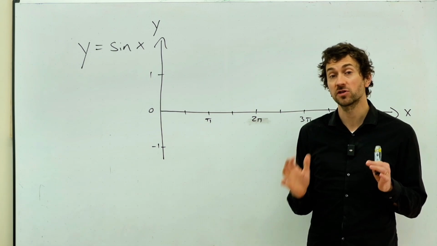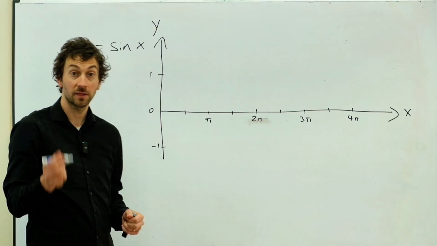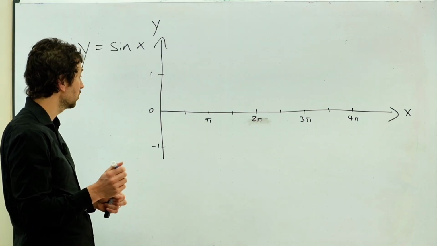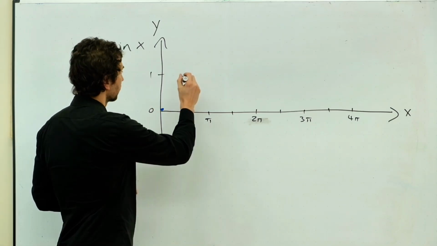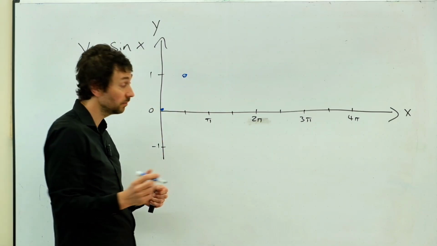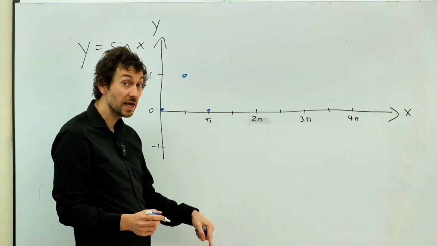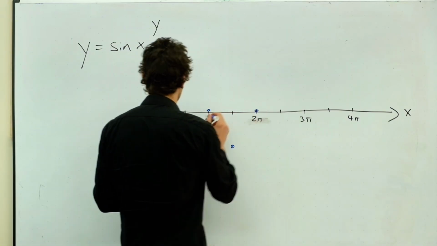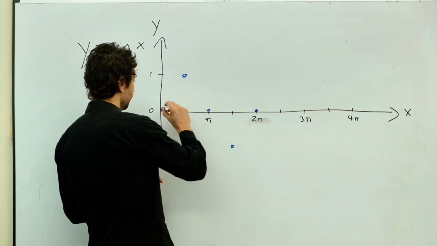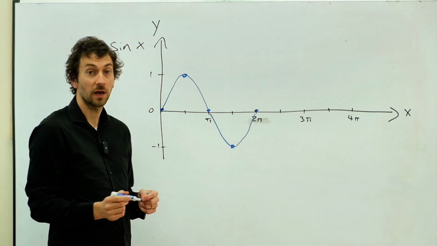So the sine graph starts with y at 0. Let's use a blue color here. So I'm going to draw on here, and then it goes up, and then comes back to the middle, and then it goes down, and then back to the middle. And you can connect the dots like that.